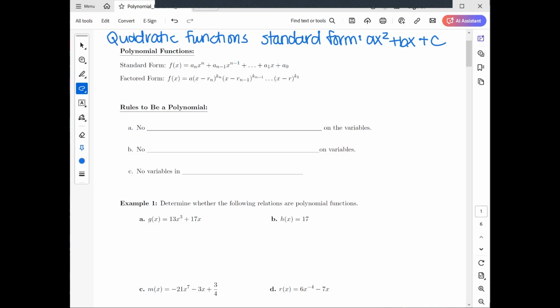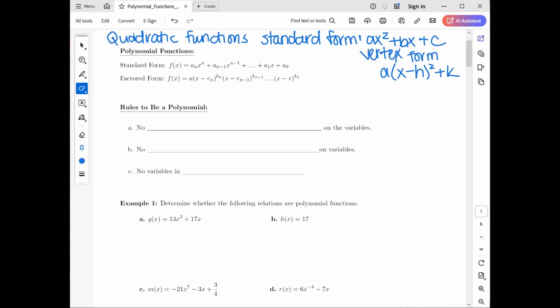And then we had vertex form, which was a times x minus h quantity squared plus k. And remember that we could tell the difference because standard form was just plus and minus our terms, whereas our vertex form had our parentheses.